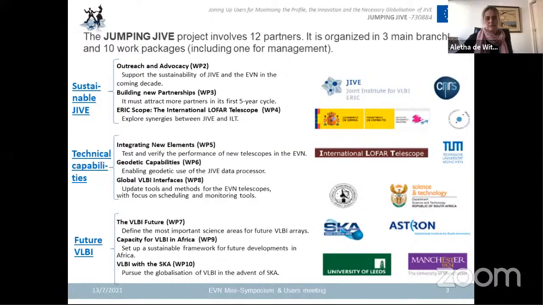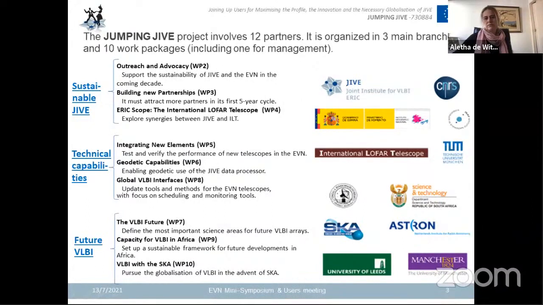The Jumping JIVE project involves 12 partners, as you can see on the right. Especially, I would like to mention the JIVE Institute and the CNRS, because both are involved in work package 6, which is the package we're working in.